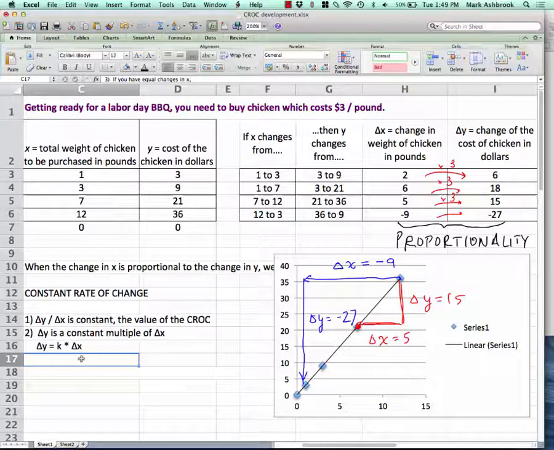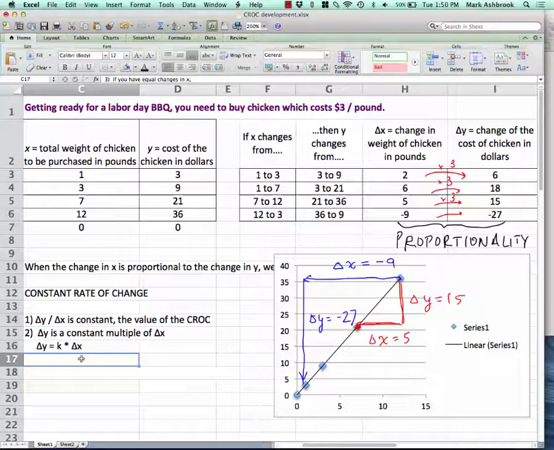That's the change in y. I'm asking about the change in y. What about if the change of 2 pounds was starting at 10 pounds and ending at 12 pounds? How much does your cost go up?